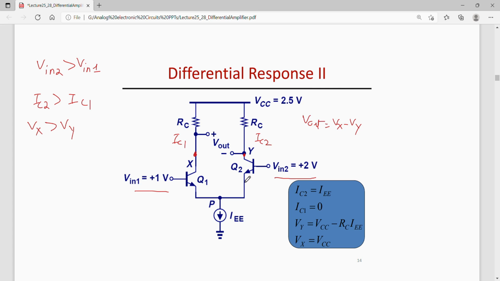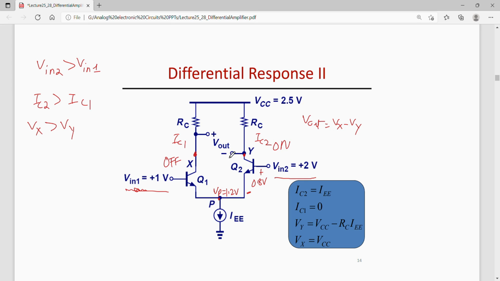Now again one can assume here that the base to emitter voltage of Q2 is 0.8 volts, so VP here now again is 1.2 volts. Now this is at 1 volt base voltage, so that means this transistor will be off and this is already on.